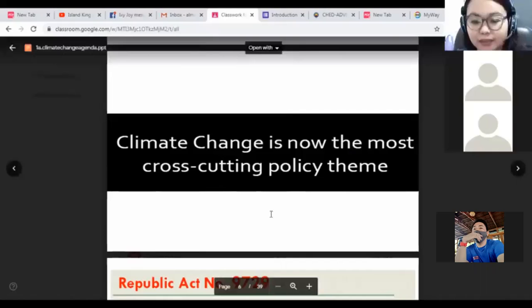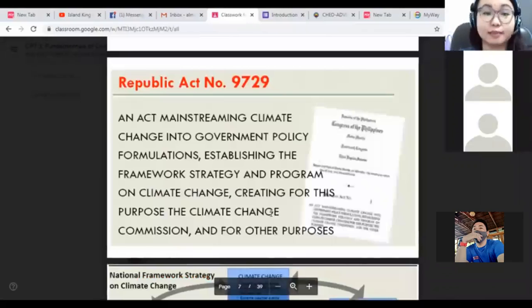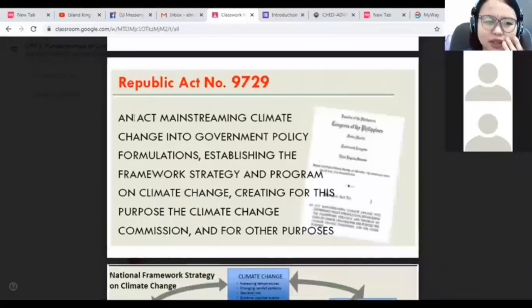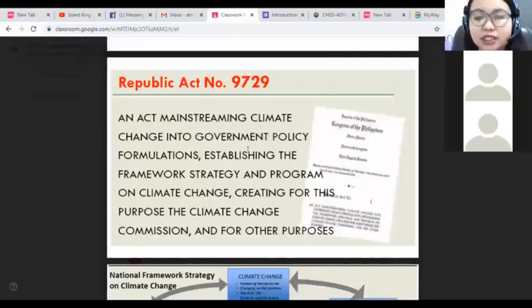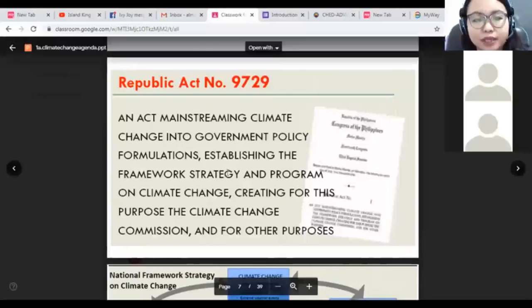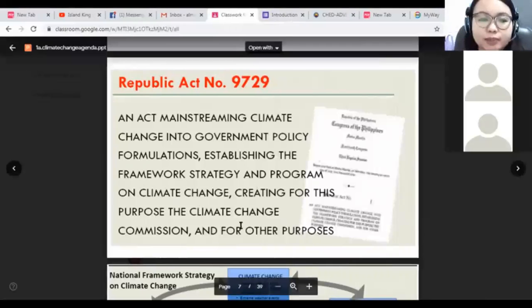Around the world, everything is attached to climate change issues. Under Republic Act number 9729, it's an act mainstreaming climate change into government policy formulations, establishing the framework, strategy, and program on climate change, or creating for this purpose the Climate Change Commission.